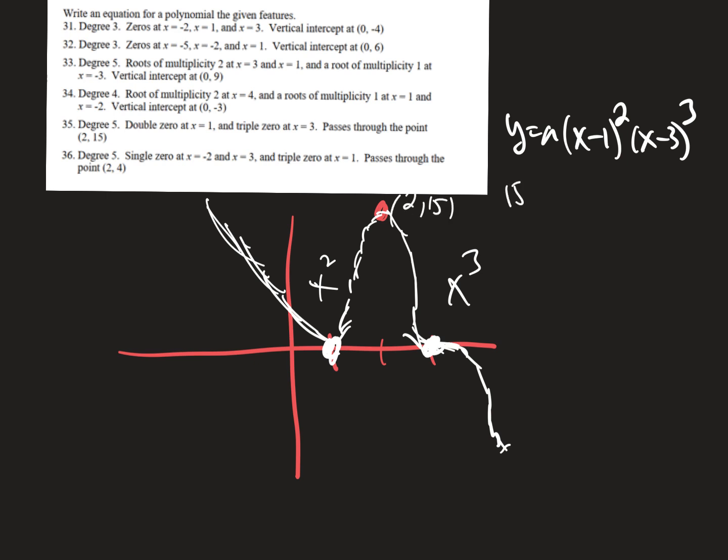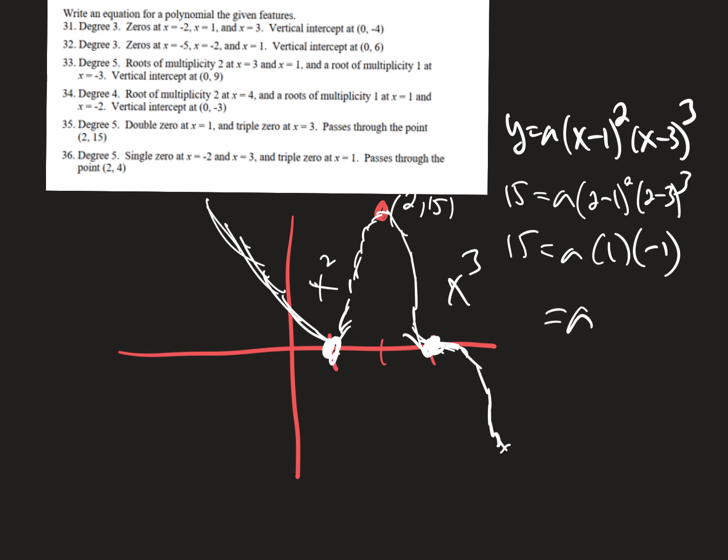So 15 has to equal a times 2 minus 1 squared times 2 minus 3 cubed. That's 15 equals a times 1 times negative 1, because negative 1 to the third power. So that tells me a is going to be equal to negative 15. How about that? Who would have known?